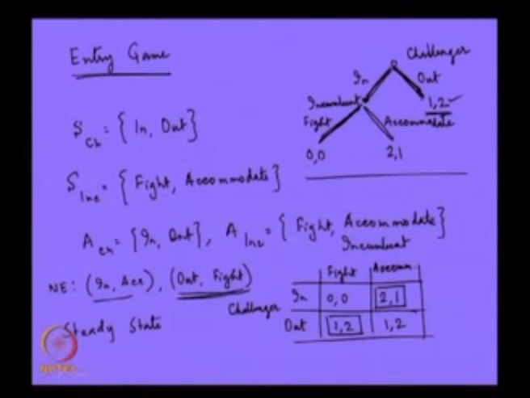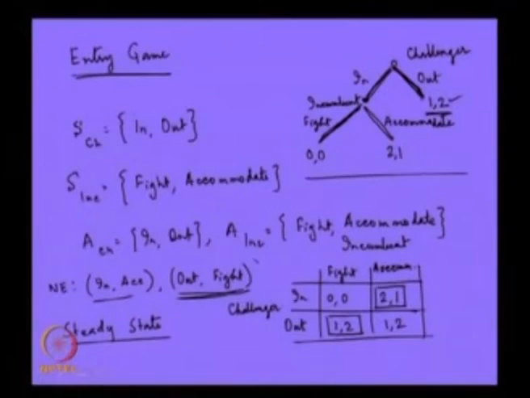It is a steady state. So, given the actions taken by the other players, I form a belief regarding their actions in future, and with respect to that I take my optimal action, and that is applicable for each and every player. So, that is why we call it a steady state.